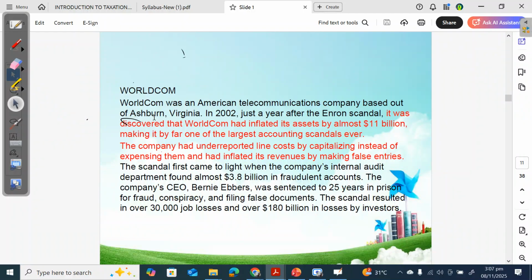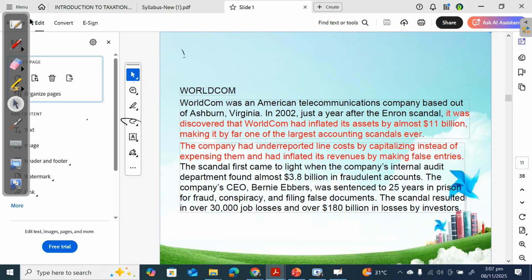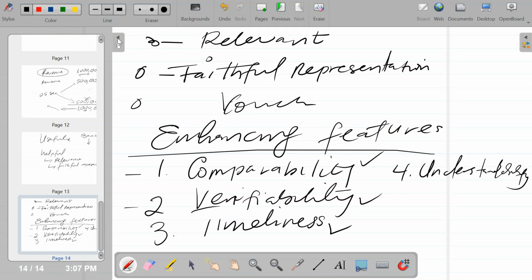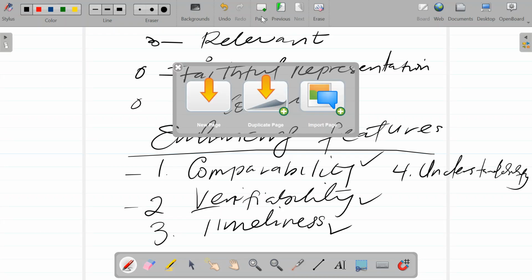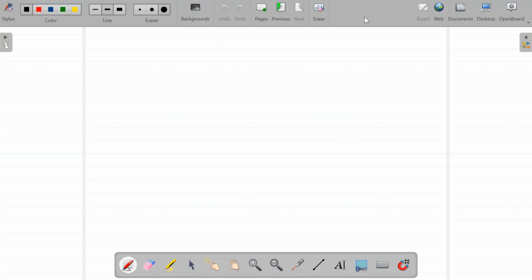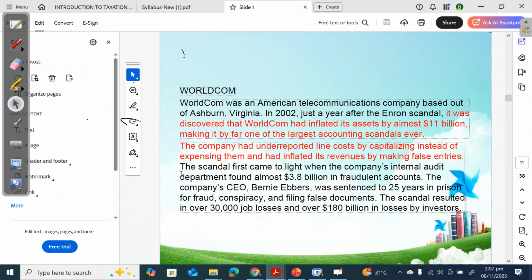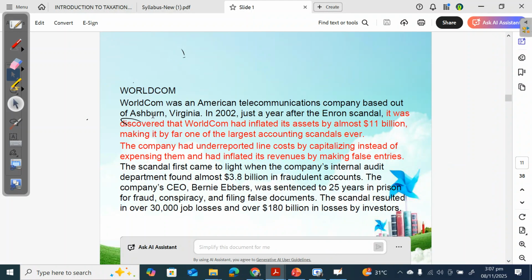They were capitalizing their expenses instead of expensing them. If you capitalize your expense, it will increase your profit. So it will look like you are making profits in the short term, but that's not the case. That's what they were doing: capitalizing their expenses and inflating their assets.